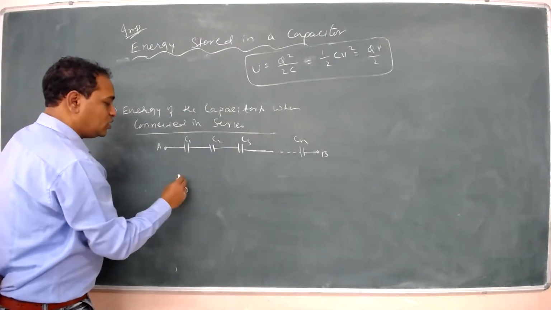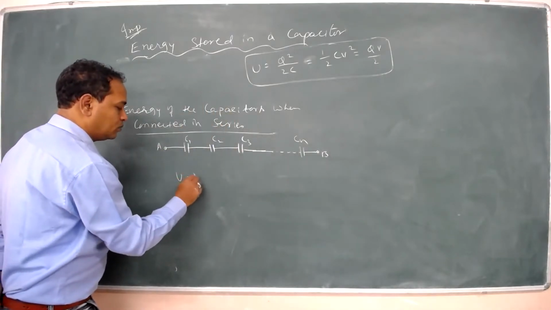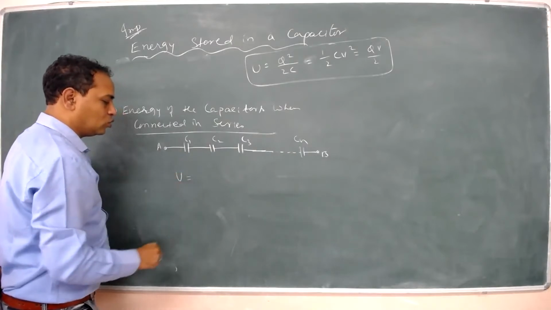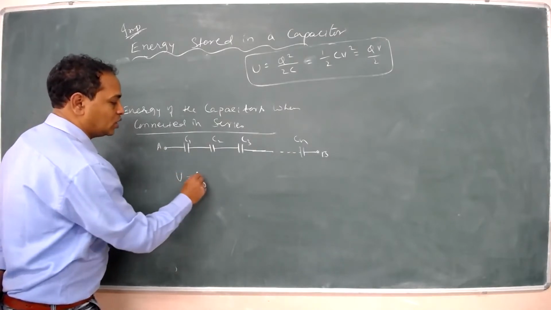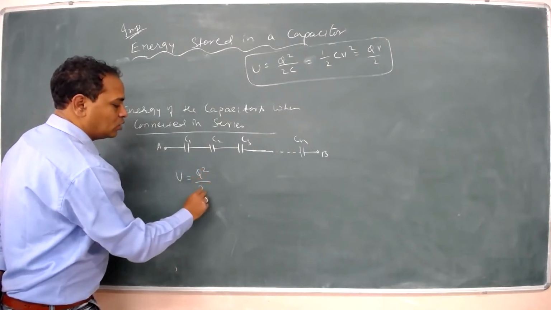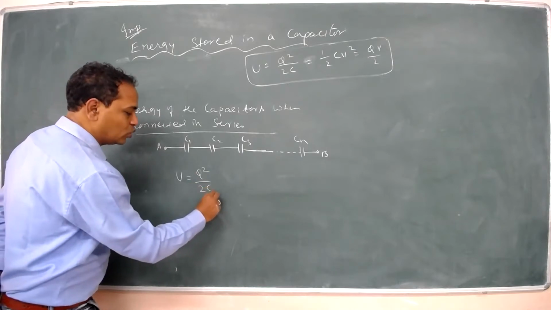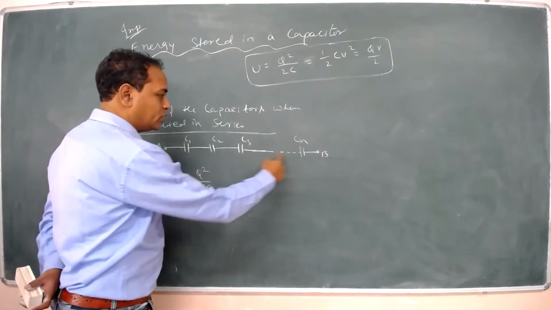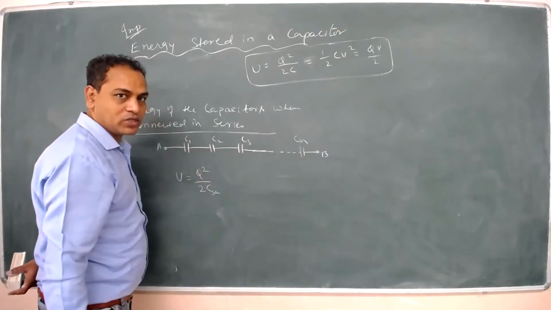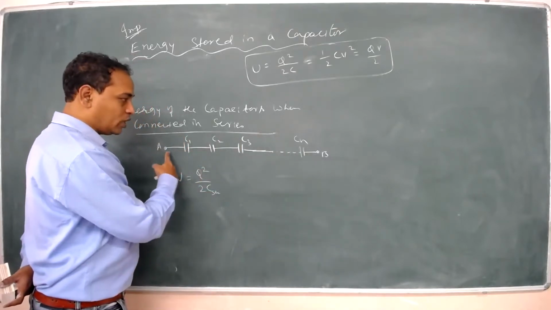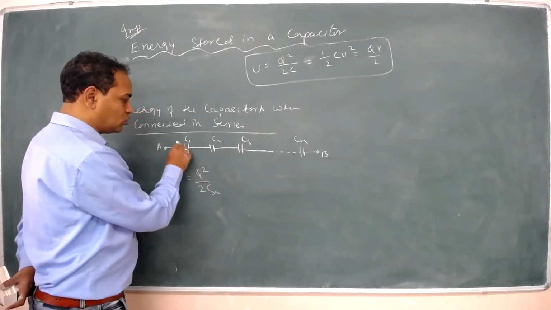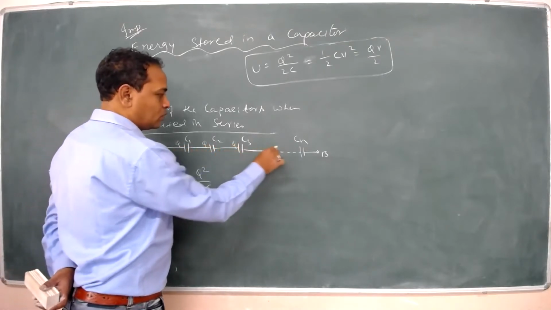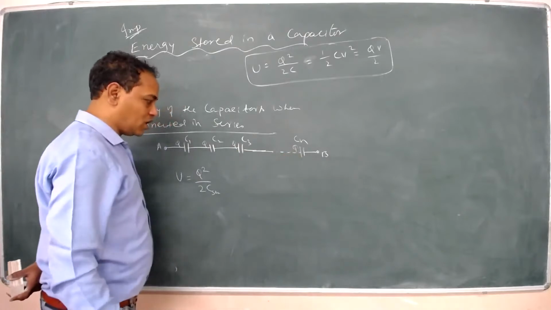Then the total energy we can write by the general formula, Q square by 2 Cs. These are all in series combination. We know that in case of series, the charge remains the same.